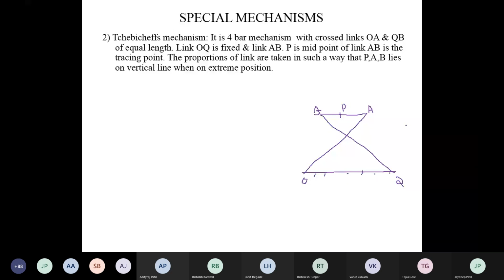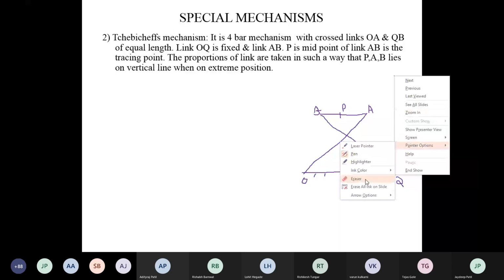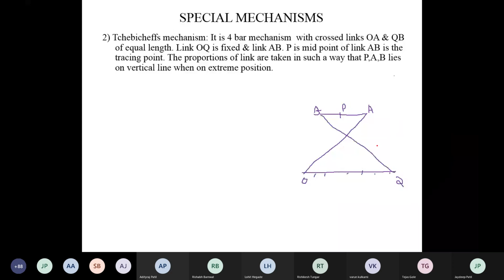When the mechanism is displaced or reaches the extreme position, either towards the left hand side or towards the right hand side, the points A, P, B are on the same vertical line. If the mechanism changes its position, suppose you take this mechanism down towards the left hand side.